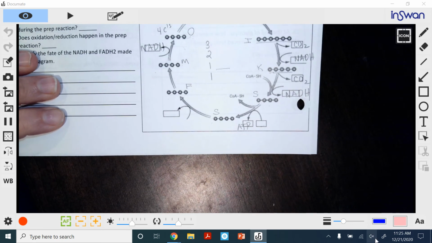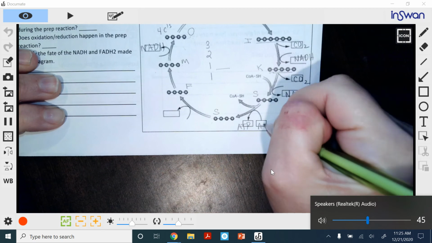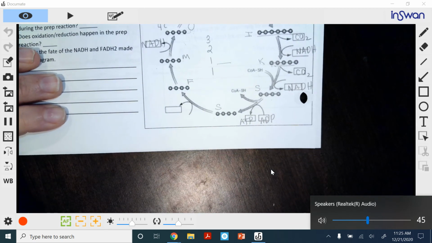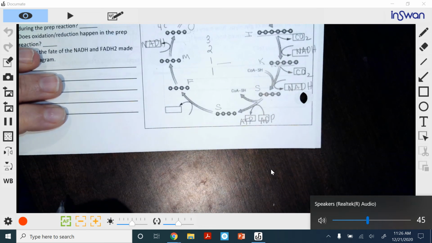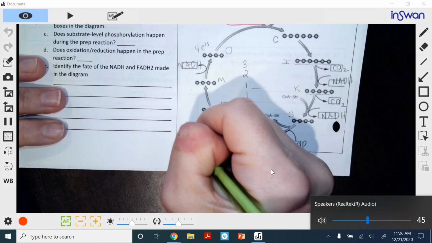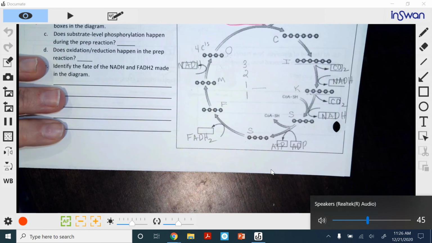Very good, thank you. Okay, because you guys are going to have to read diagrams, and I just need to make sure that they make sense to you. If you want to make ATP, you have to have ADP, okay? And then down here is where the FADH2 comes from. Ta-da!